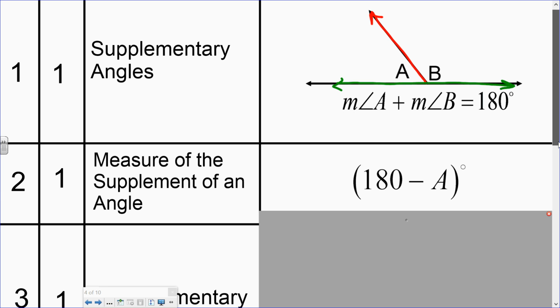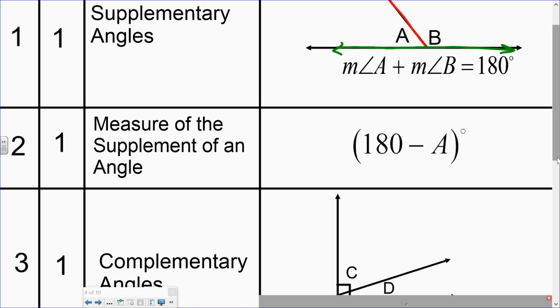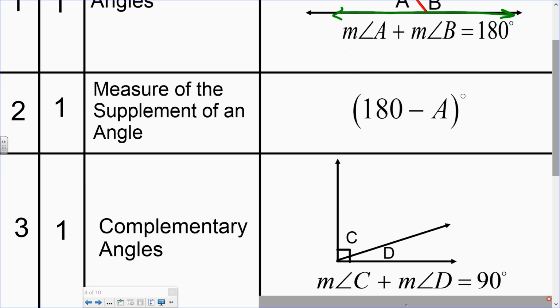Complementary angles will be the ones that make a 90-degree angle if you put them together. Measure of angle C plus the measure of angle D is 90 degrees. For supplementary and for complementary, they do not have to actually be side by side.